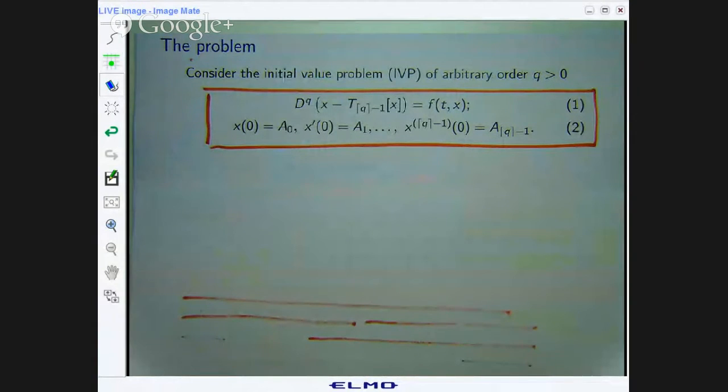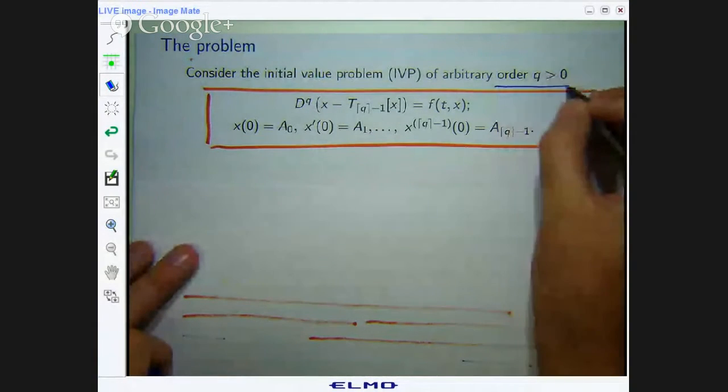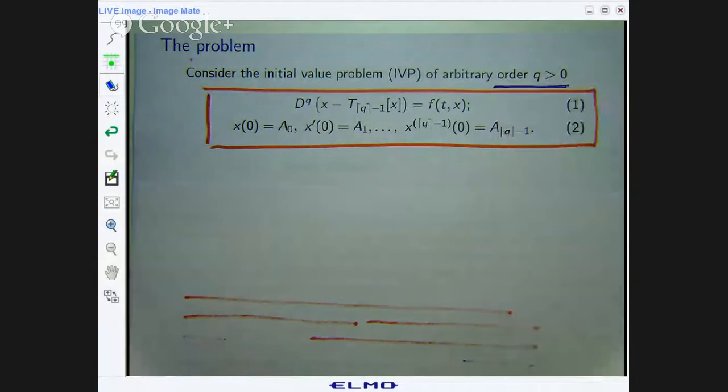It has an order which is positive, but not necessarily a whole number. So this is a differential equation where the order could be a fraction. It could be a half, or 4 on 3, or something like that. Okay, and this is the idea behind fractional differential equations. You have some sort of fractional derivative, and you couple it with a right-hand side, and then you form some sort of equation.